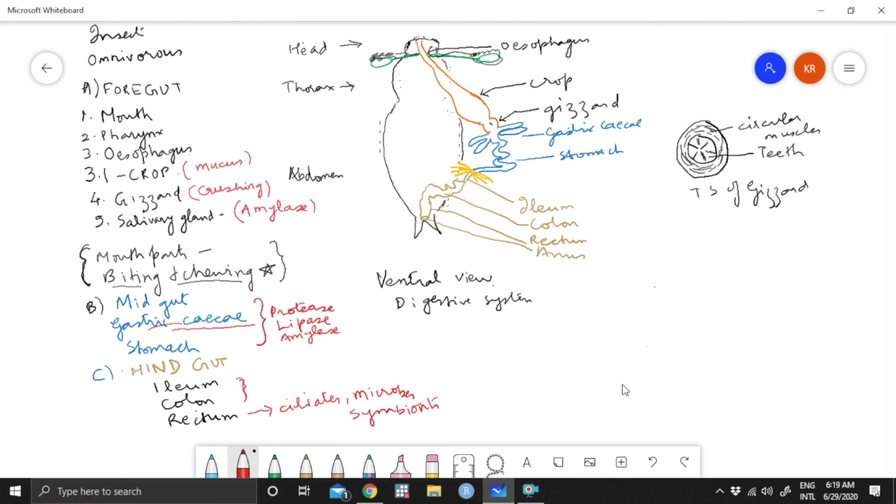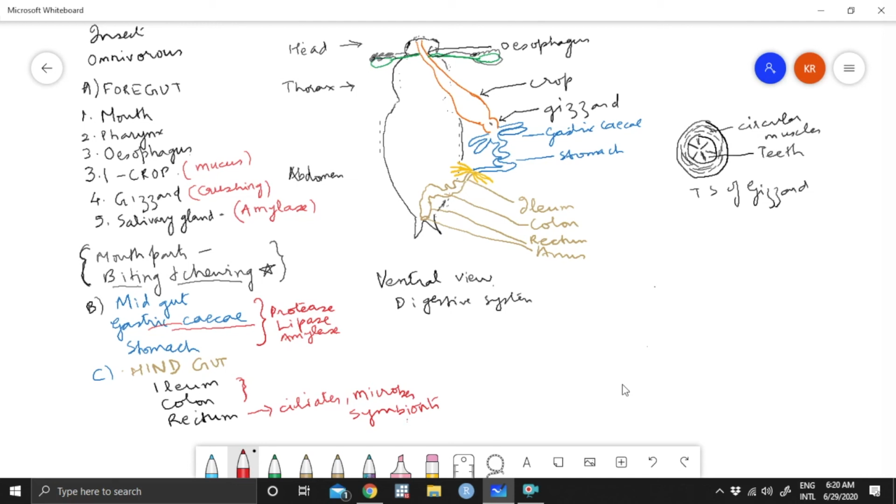Almost all organisms will always have these symbiotic organisms residing in the rectum or in some part of the intestine. Like we also have intestinal flora, very important in maintaining a proper balance of the food that we are consuming. So they also have this association of symbionts.